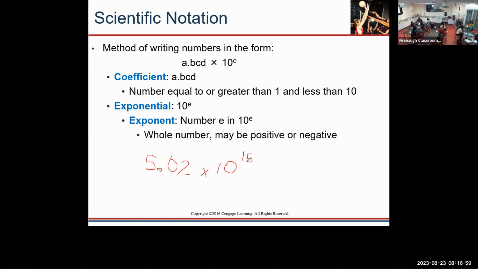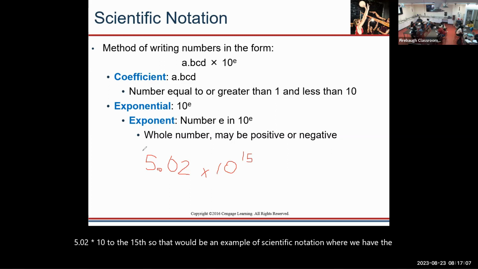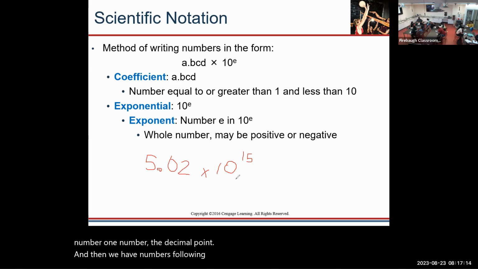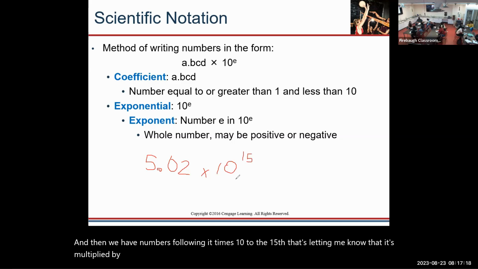Okay, 5.02 times 10 to the 15th. So that would be an example of scientific notation, where we have one number, the decimal point, and then numbers following it, times 10 to the 15. That's letting me know that it's multiplied by 10 to the factor of 15.